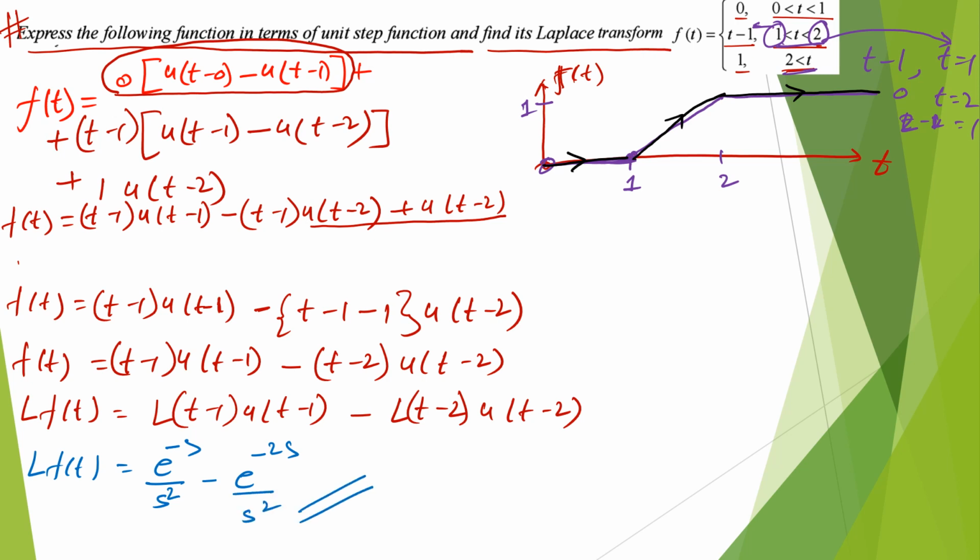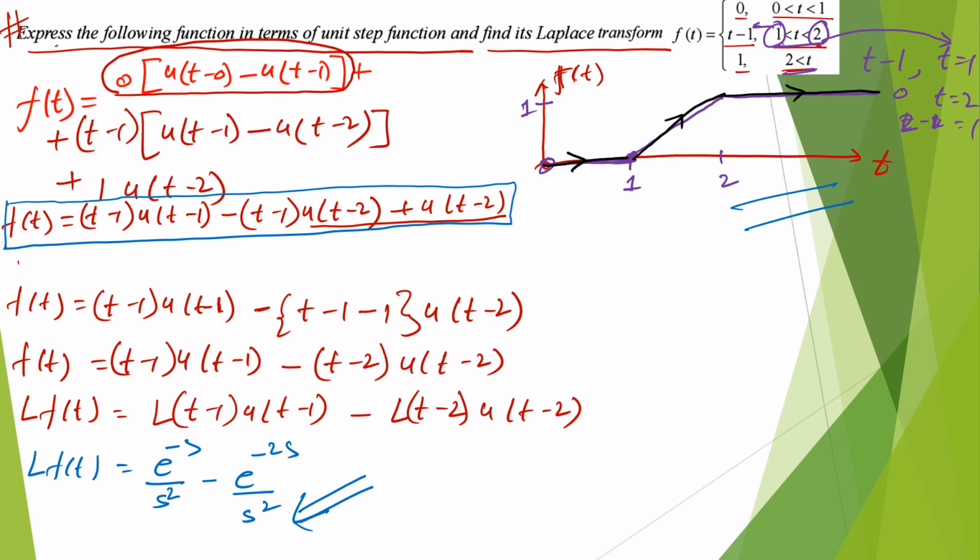So this is the required Laplace transform for the given problem, this is the graph of the required function, and this is the expression which represents the given function in terms of unit step function. So this is the unit step function topic, which is over.